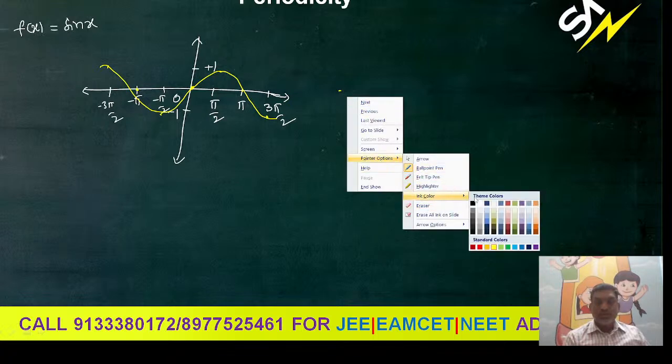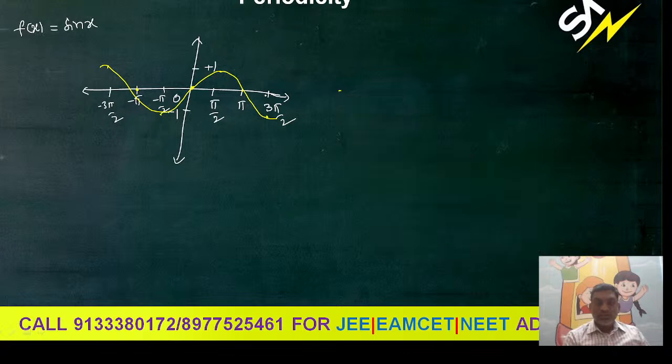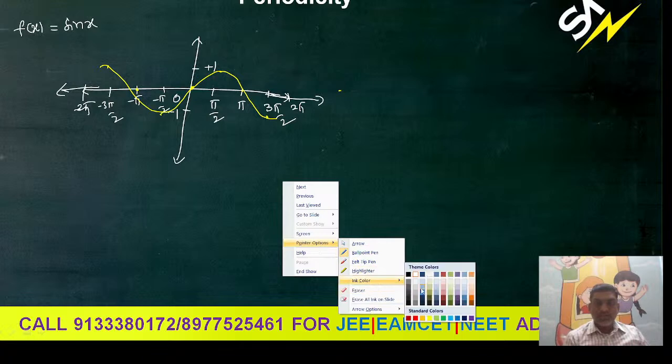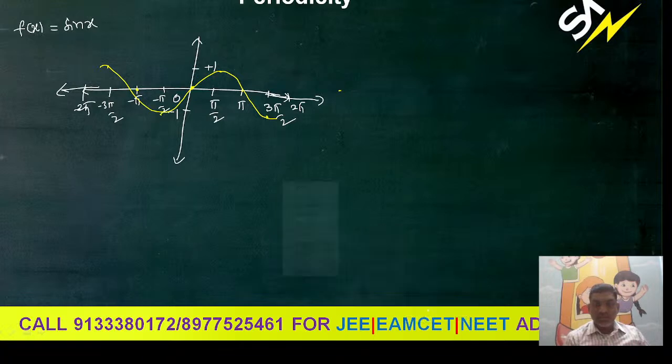Here we have 2 pi, and this side we have -2 pi. The graph will touch 2 pi, because sine 360 is 0, here also 0. Then the graph continues.